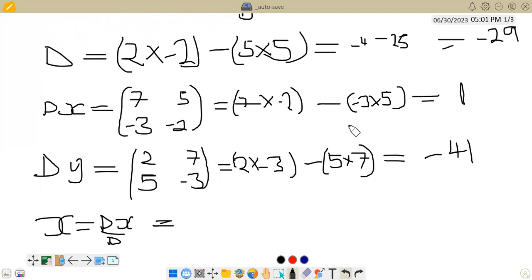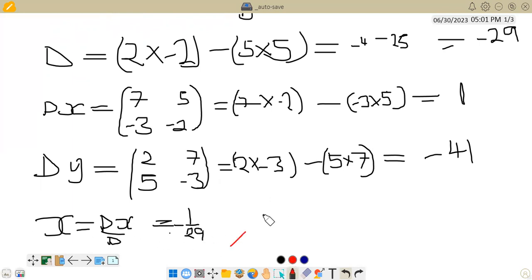So dx is 1, while d is negative, so it will be negative 1 over 29.